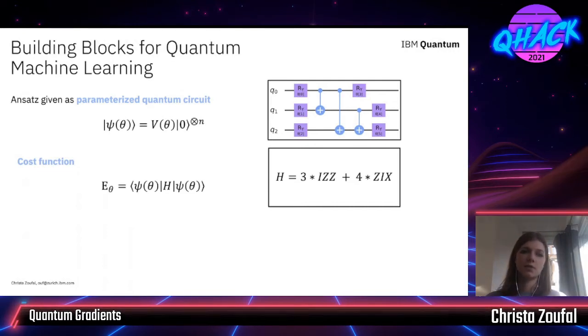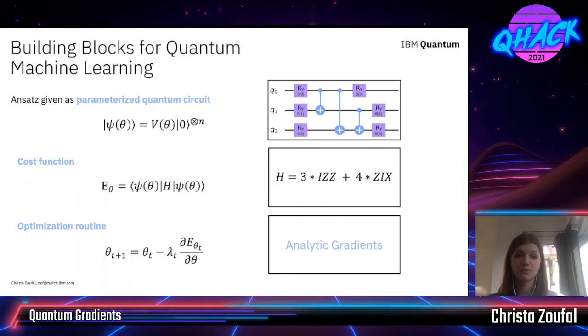This expectation value is given with respect to a Hermitian observable, a Hamiltonian, and this Hamiltonian encodes our problem. What we want to do is to find a good set of parameters to find the minimum point of our given cost function.